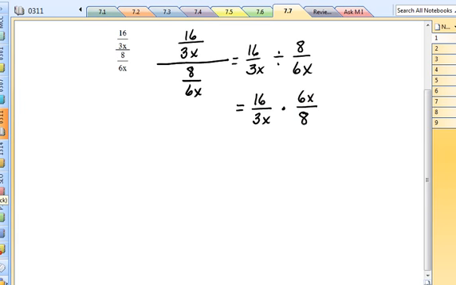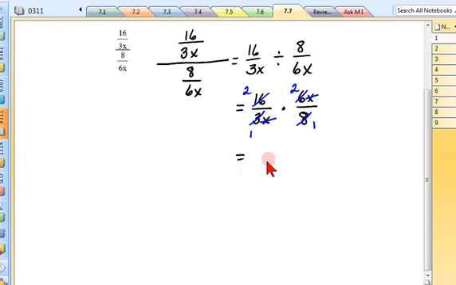Now look at it and tell me if you see anything that you can reduce. 8 goes into itself once, 8 goes into 16 two times. 3 goes into itself once, 3 goes into 6 two times. The x's, single x, single x. So what am I left with?